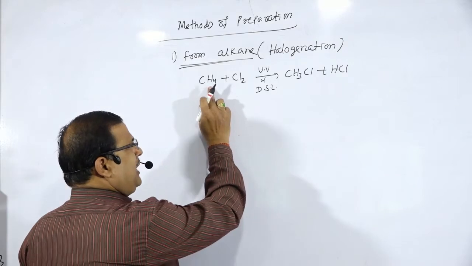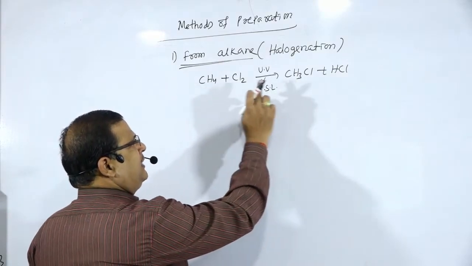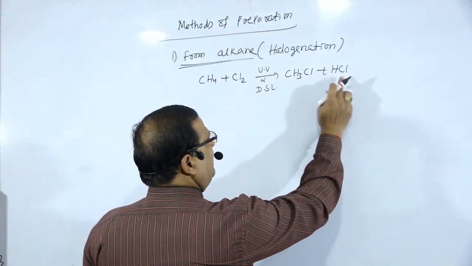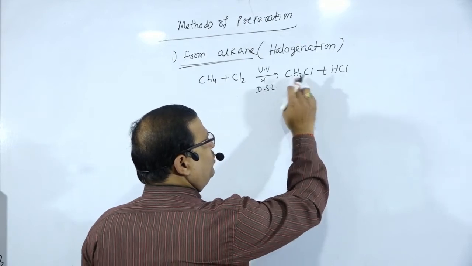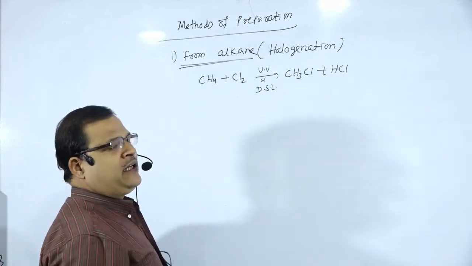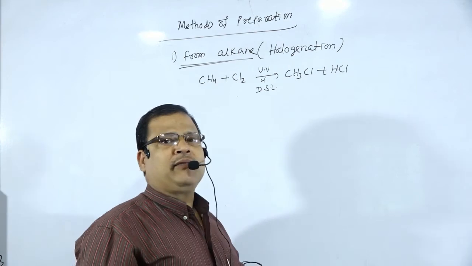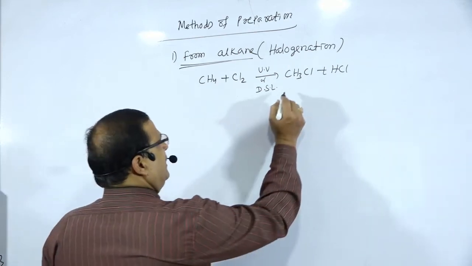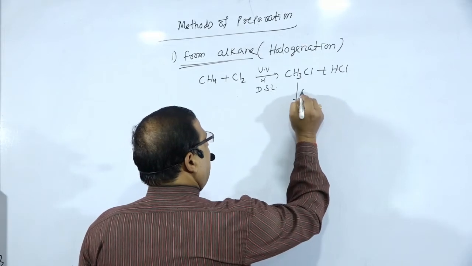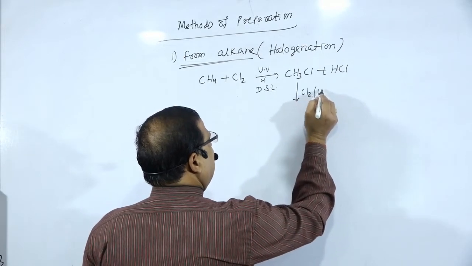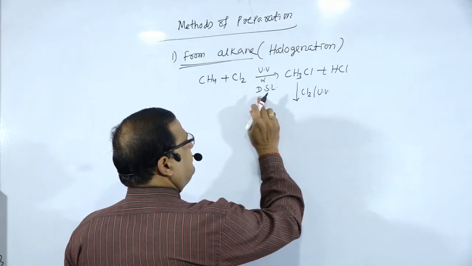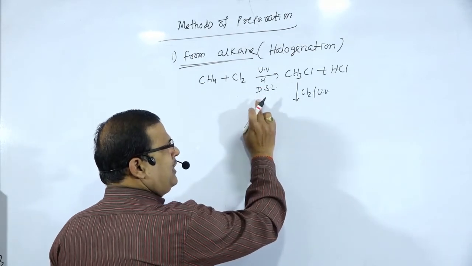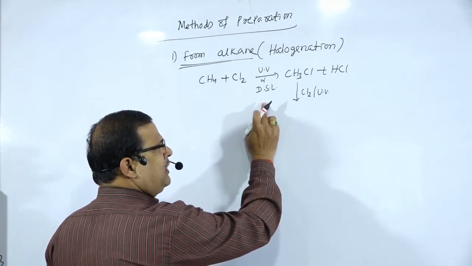The hydrogen atom of the alkane is replaced by chlorine, so there is formation of CH3Cl, the monochloro derivative, methyl chloride. And this again is treated with Cl2 in UV, ultraviolet light, sunlight or diffuse sunlight.